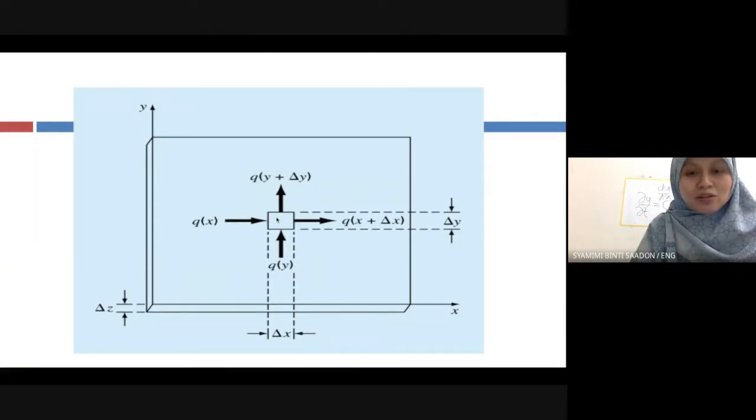In this chapter, we are going to calculate the temperature or the heat transfer at a point in an element, where we consider a small element. That's why sometimes it is called finite element analysis.